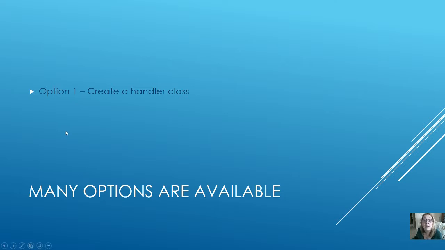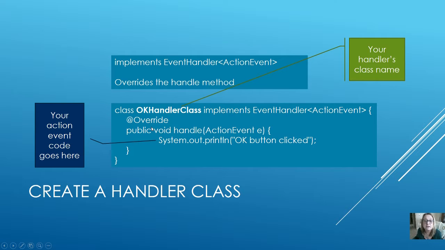First of all, what we're going to be doing is implementing an actual Java interface called EventHandler. In that interface, we're going to specify a generic type called ActionEvent. We haven't really talked about generics yet, but just know that's coming up.